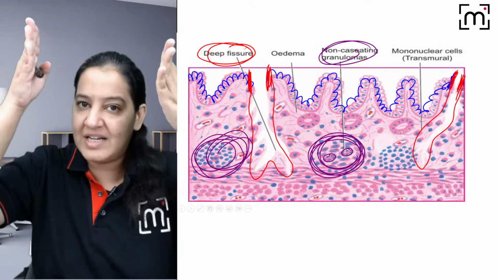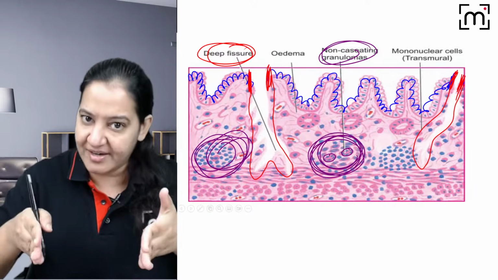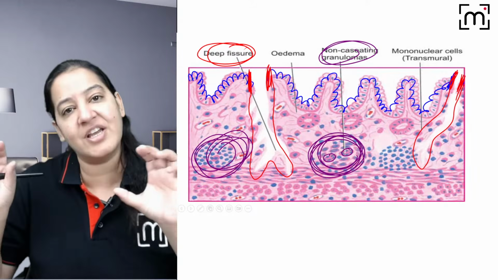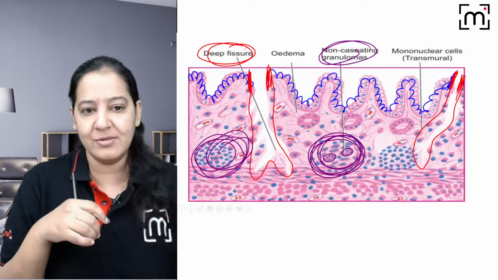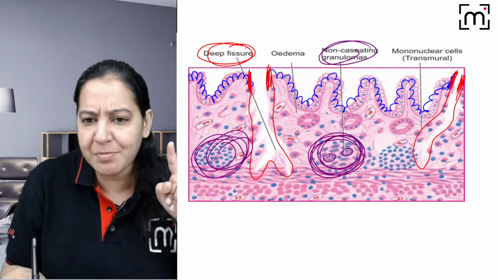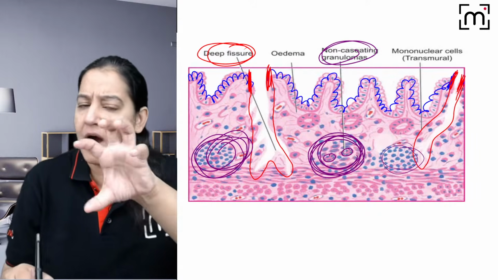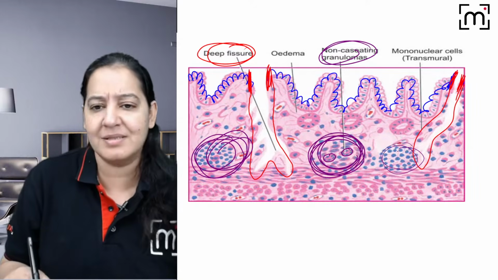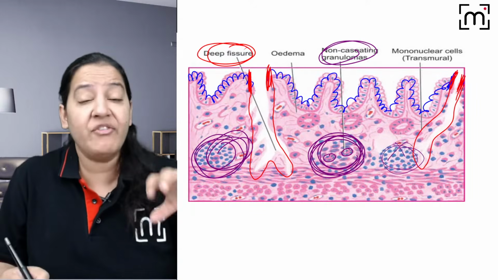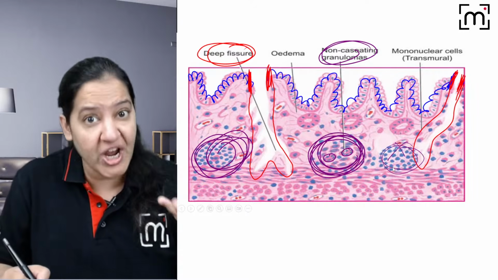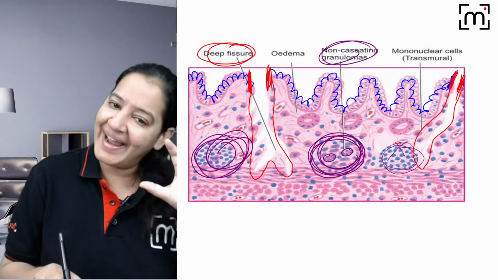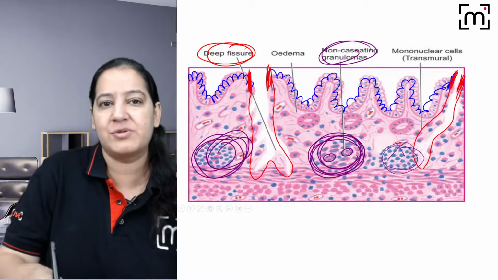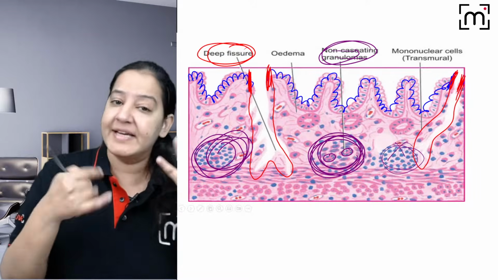So we find the deep ulcers, we find the fissures, we find the non-caseating granulomas. Can you see the granulomas? This one is Peyer's patches. It is a normal finding. A collection of lymphocytes is a normal finding in intestine, known as Peyer's patches. This is not abnormal. But a collection of epithelioid cells and giant cells is a granuloma. I can see granuloma but without necrosis. So I will say non-caseating granuloma is a finding.